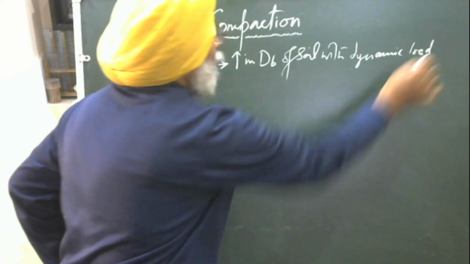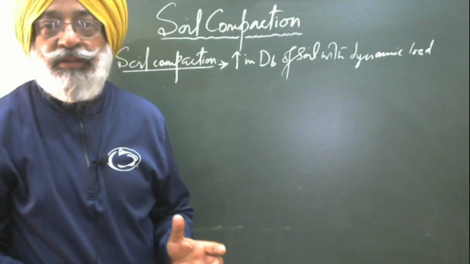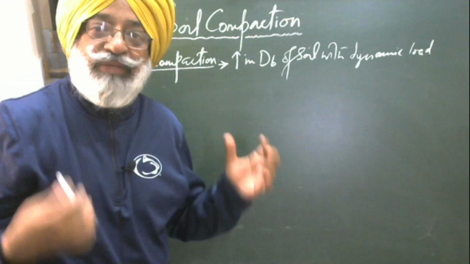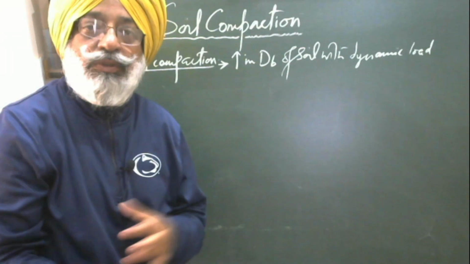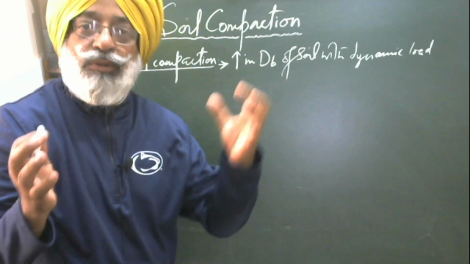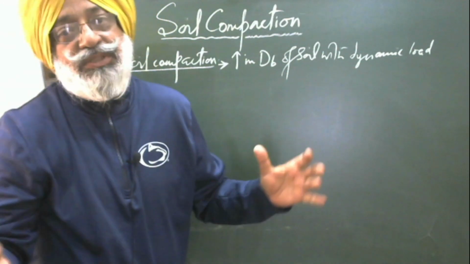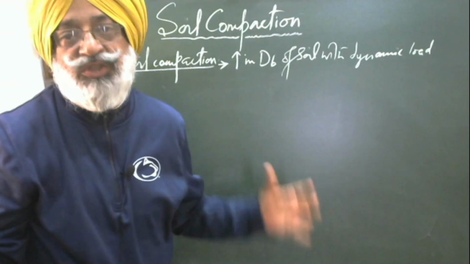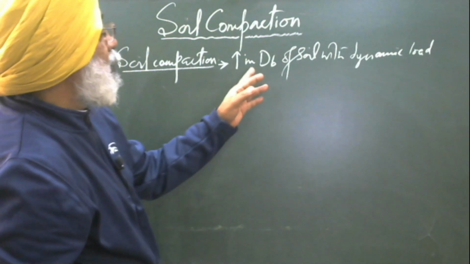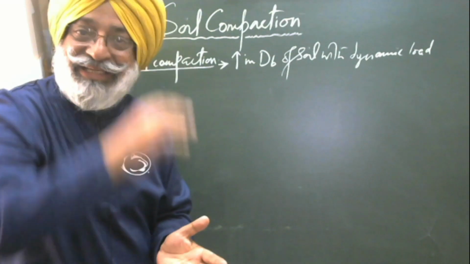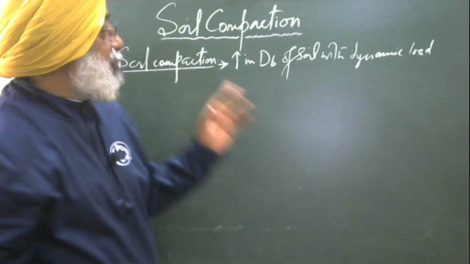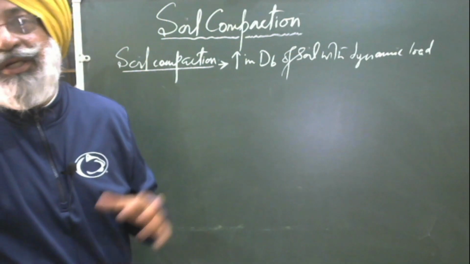For example, if you have an agriculture field, you have agriculture machinery trafficking the soil, and the load of that machinery is not static, it is always changing. So that results in increase in bulk density of the soil, which we call soil compaction.